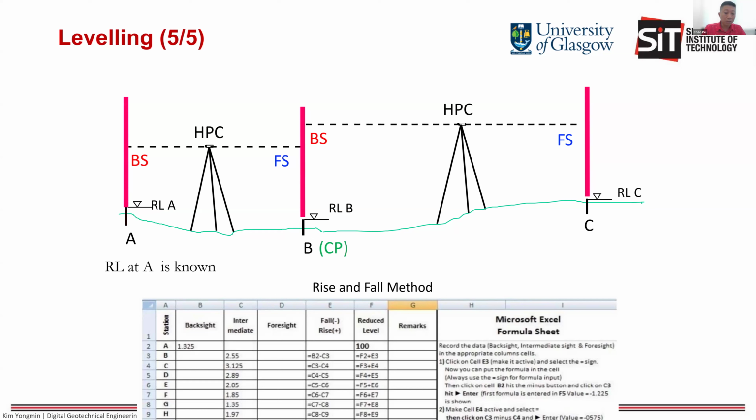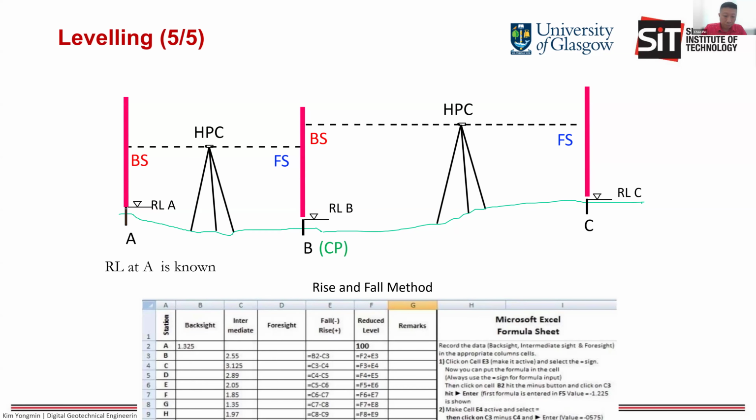Here in the sketch, we didn't show any intermediate reading, but we just assume in between A and B, there are some other points that you're also surveying. These are called intermediate points, and the readings will be intermediate sight readings. You can just record them. Then the point B reading will be the foresight reading.